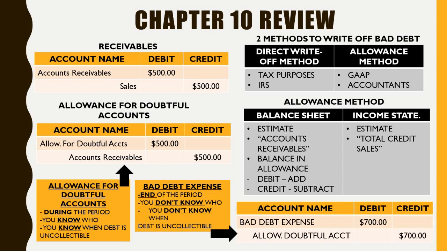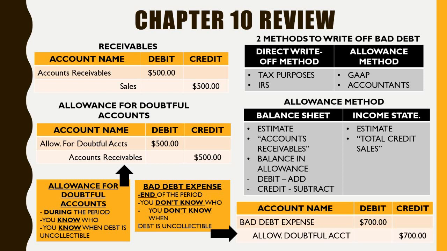So here we talked about the two methods, which are the direct write-off method and the allowance method. I'm not going to show you how to do the direct write-off because it's for tax purposes only. We did learn about the allowance method. It's broken down into the balance sheet and the income statement method, which is broken down right here.